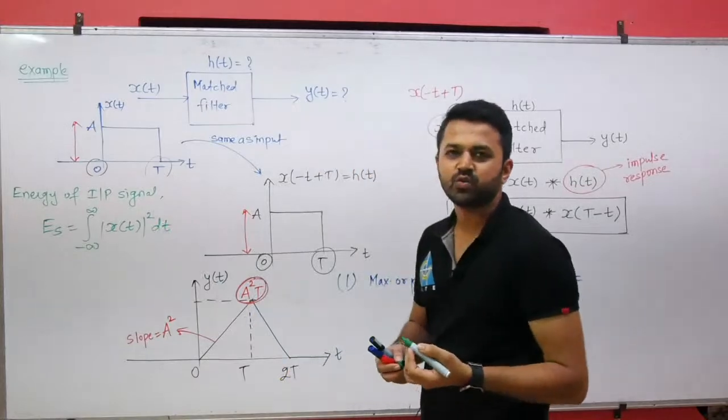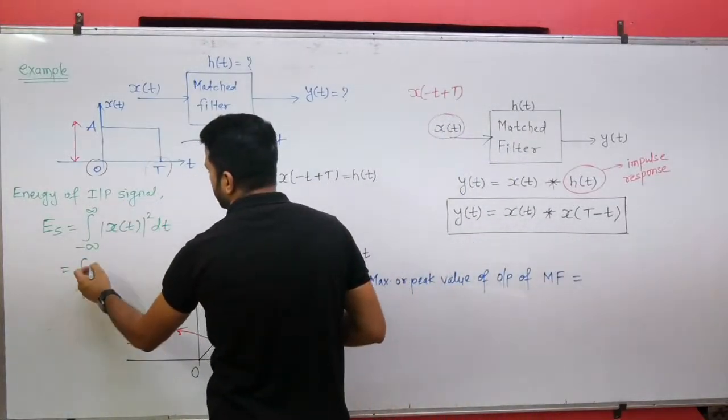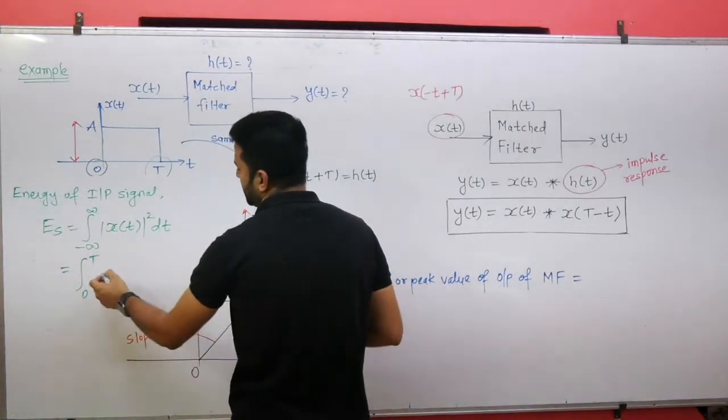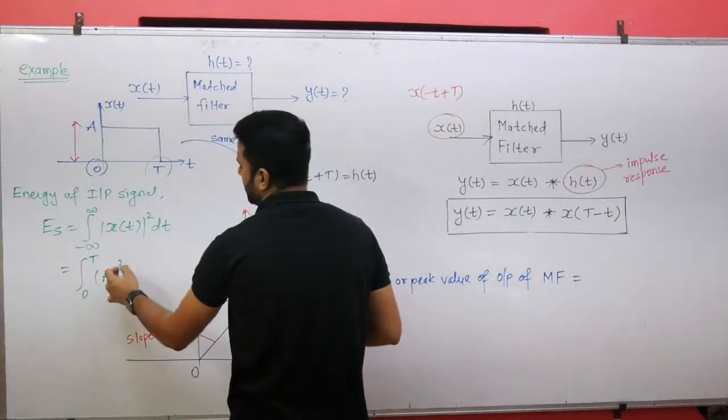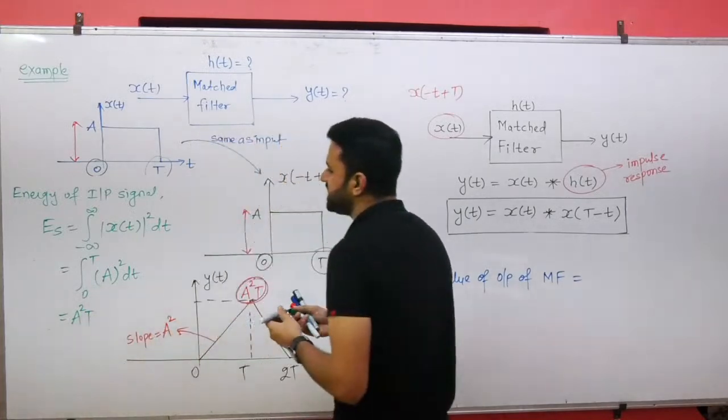This is the formula to calculate the energy. The x of t will exist from 0 to t, so the limit will be from 0 to t. Amplitude is a, and a square dt. After solving this, we will get a square t.